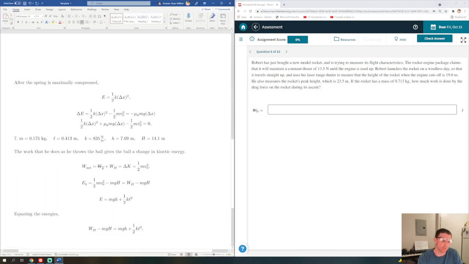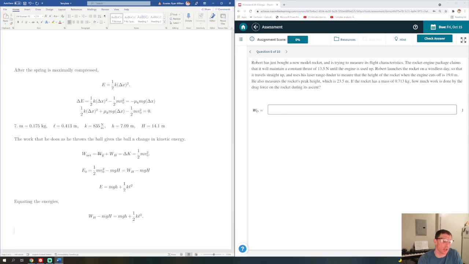Okay, let's talk about this one kind of generally. Which idea do we want to use? Do we want to use the work energy theorem here or conservation of energy?